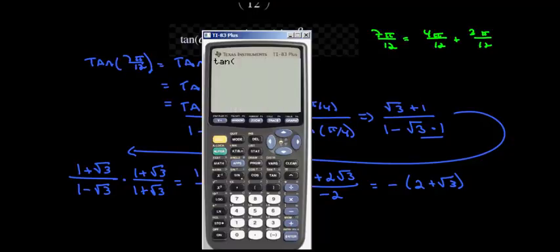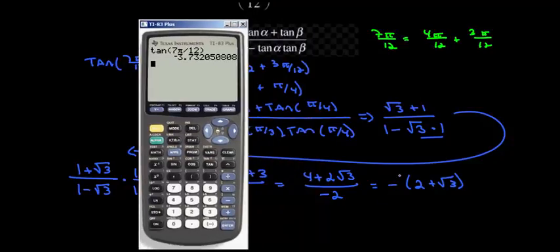And so we'll do the tangent at 7 pi over 12, which gives us negative 3.73. And I'll take my value over here and do the same thing. So I'll take negative, now this is 2 plus the square root of 3, and that gives me the same exact value. So I've computed it correctly.